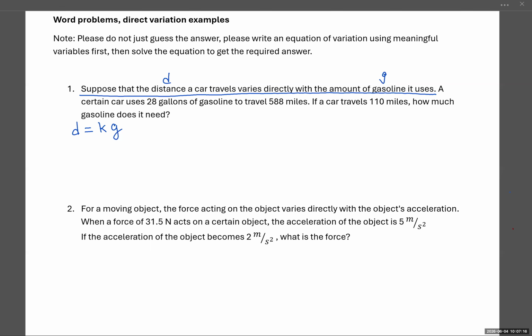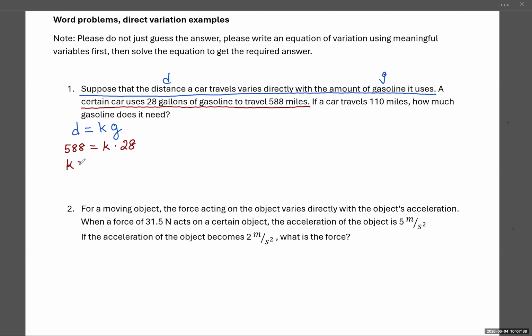Then I'm going to use the second sentence to actually fill in some values. A certain car uses 28 gallons of gasoline to travel 588 miles. So 588 miles is the distance, and 28 is the amount of gas. So I'm plugging them in for the correct letters.